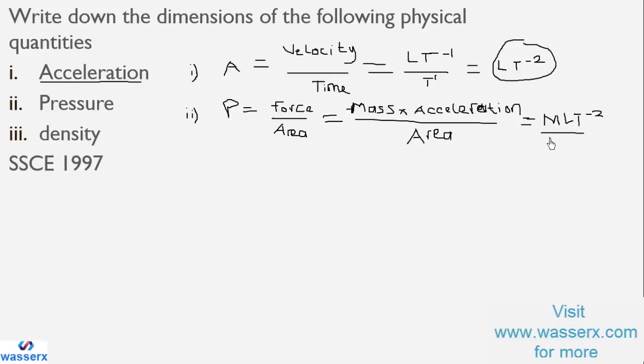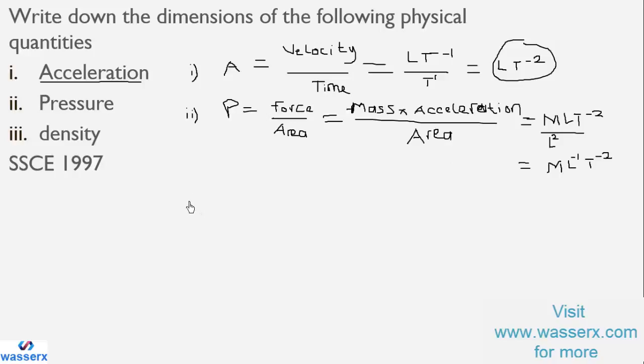But area is length squared. To simplify this, one is raised to the exponent of 1 and the other to the exponent of 2. So when we simplify this, we get mass per length per time squared. So that is the derived unit for pressure.